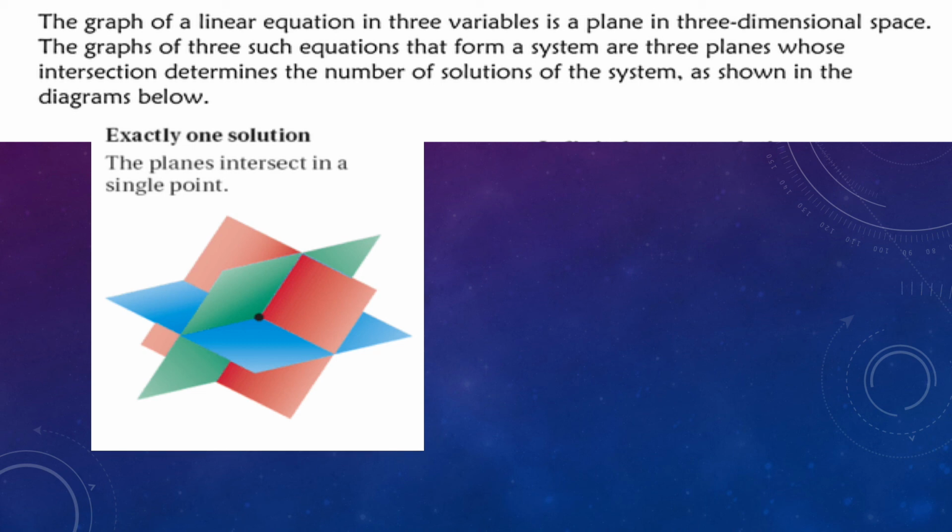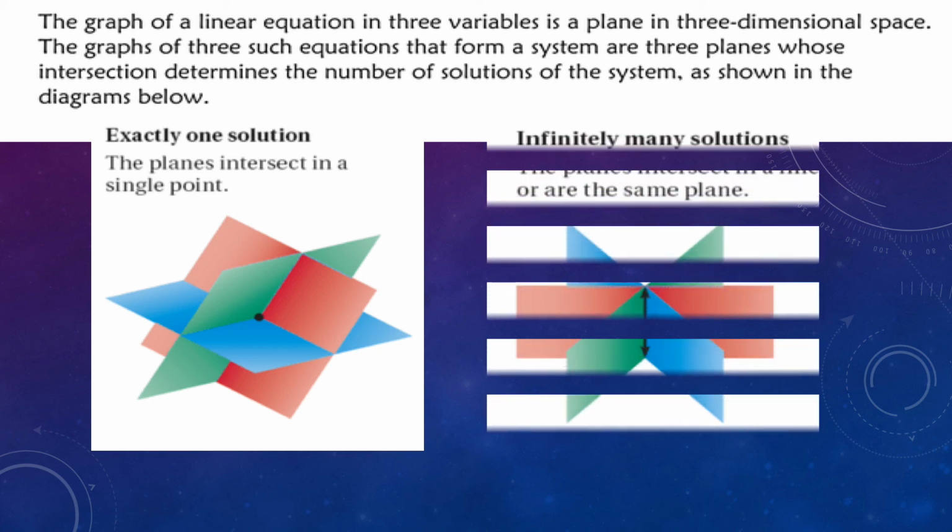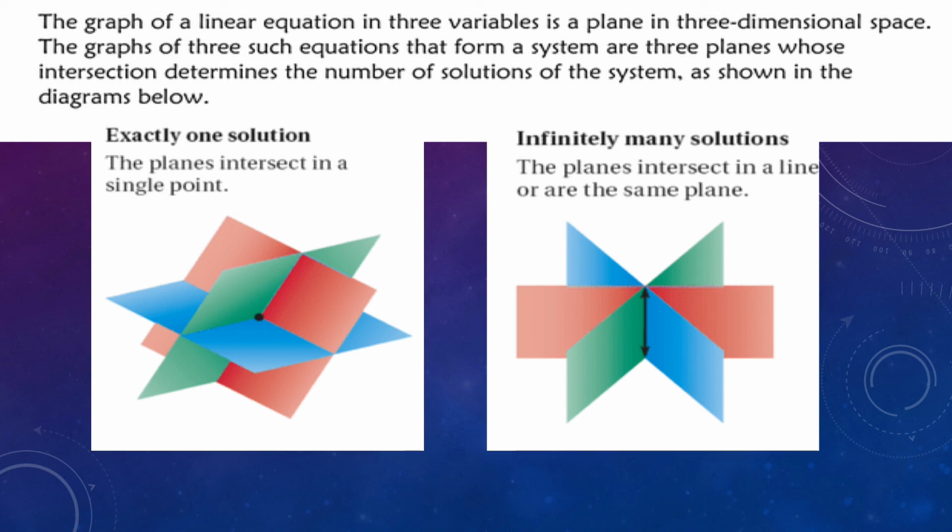Exactly one solution. The second diagram shows planes that intersect in a line or are the same plane. You can see here the blue, green and red planes intersect at one straight line, and this one will have infinitely many solutions.